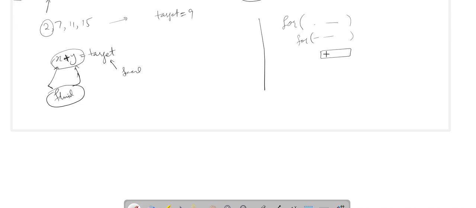But the problem with this approach is that you're trying all the pairs, and when you have the equation written in this form, you might think, okay, I'm gonna try all the pairs and see which one is equal to the target, right? But there's a better approach to do this, right?